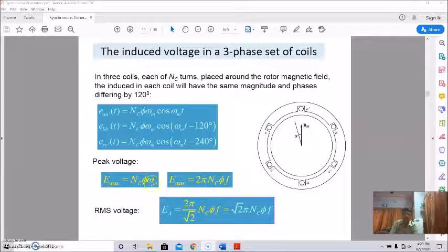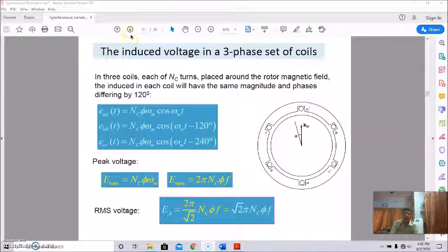If we put omega m equal to 2 pi f, this becomes 2 pi NC phi f. The RMS value of this armature EMF, which is the armature voltage, sometimes called the excitation EMF EF, since it is induced in the armature conductor, is EA equal to 2 pi by root 2 NC phi f, that is root 2 pi NC phi f.